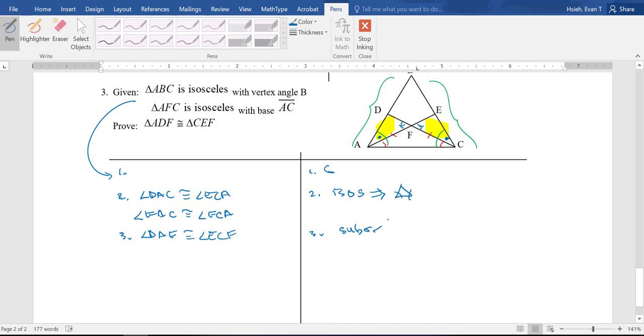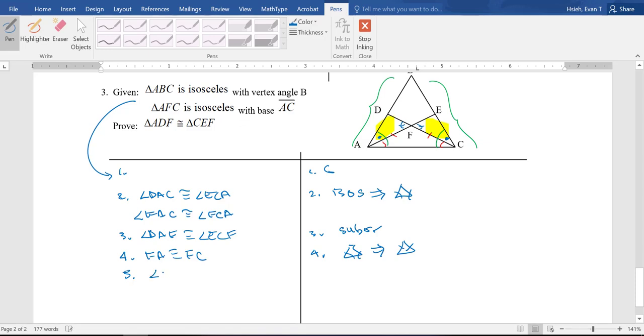And step 4 here, I can say that FA is congruent to FC. I can say that because it's isosceles, or, just for laughs and giggles, I can say that if the base angles are congruent, then the sides are congruent. Either of those reasons would have worked. And then I've got the vertical angles.